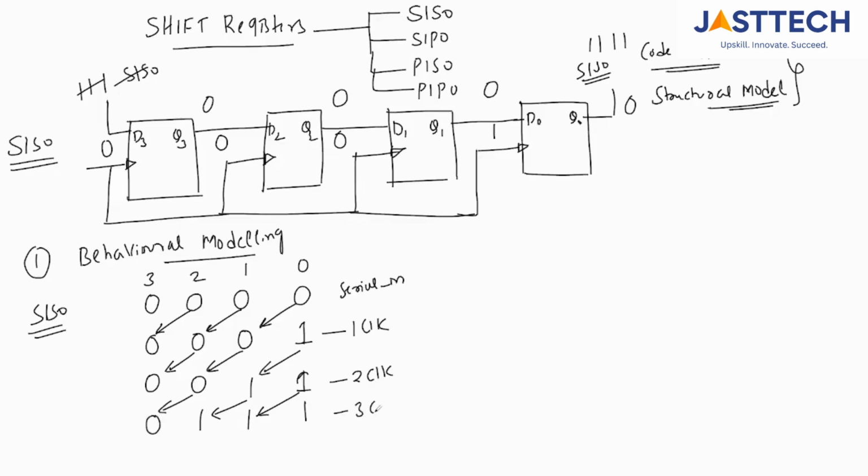At the fourth clock pulse, all data will be loaded, and this one will come here, and whatever the vacant position is will be loaded with 1. So every time the values are copied.